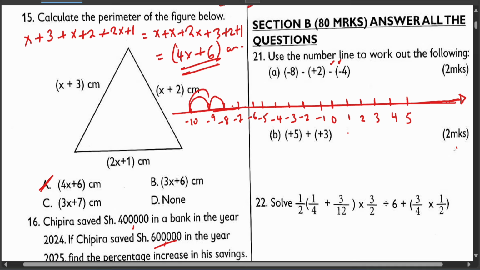So 1, 2, 3, and 4. So your answer is -6. So -8, -2, -10 plus 4 is -6.